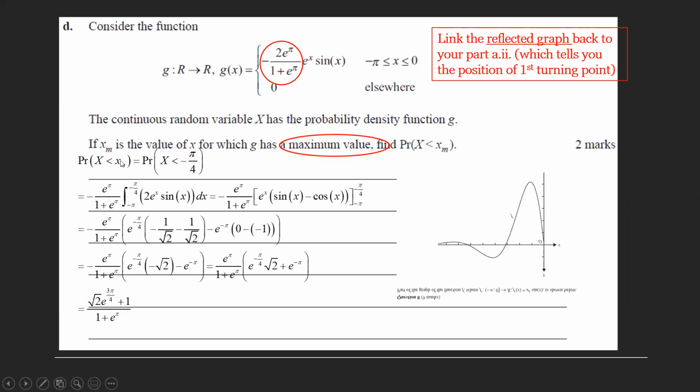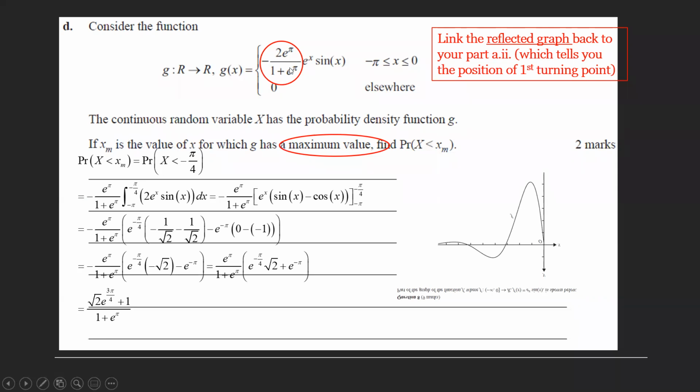Now, it's all clear. We want to find x less than minus π over 4. And if you notice, you have a 2 here. How convenient. Just multiply the 2 together with e^x sin x. Then you can use your part C2, okay?